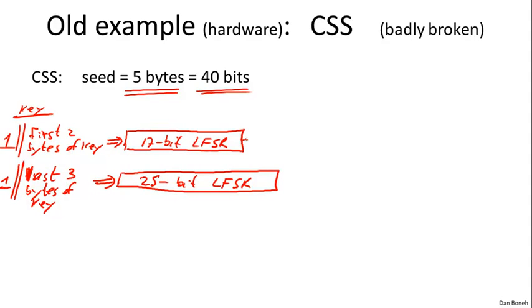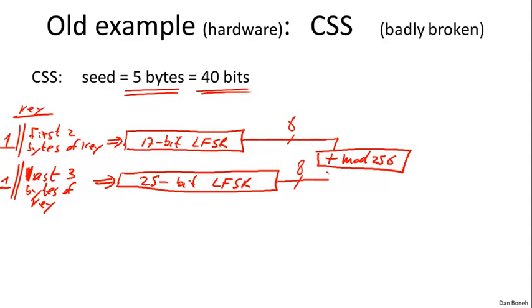Then these LFSRs are run for 8 cycles, so they generate 8 bits of output, and then they go through an adder that does addition modulo 256. There's one more technical thing that happens. In fact, what's also added is the carry from the previous block, but that is not so important.